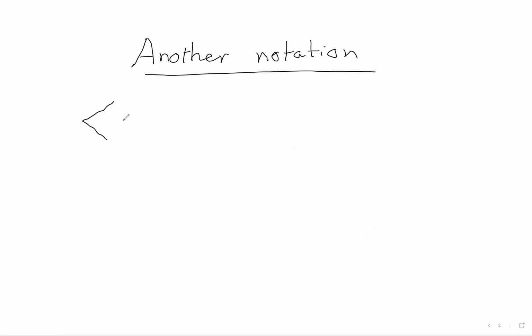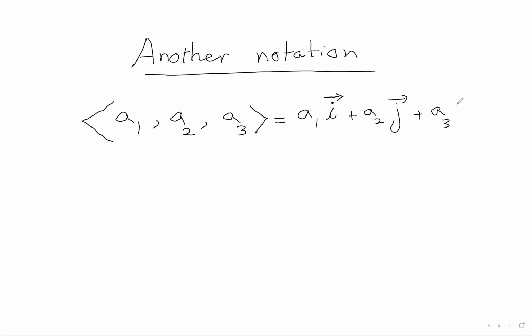So this vector A1, A2, A3 can be denoted by A1 I. Again, I should make this I bold, or here to show it's a vector, I draw a vector sign on that, plus A2 J. And we had these two vectors, I and J, in R2. But here we need one more, and that is vector K.